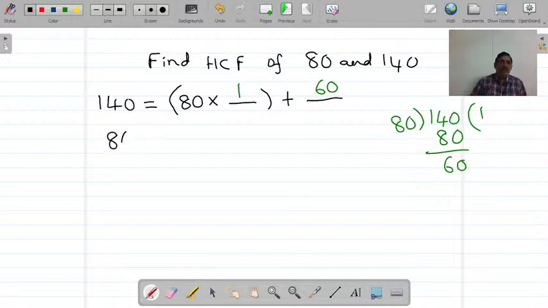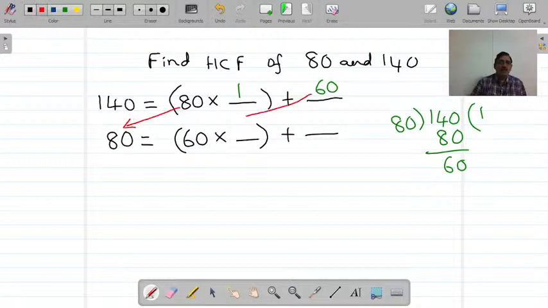So 80 is equal to 60 into dash plus dash. Here you can see that this value is coming here and this value is coming here for the next division. We continue like this till we get remainder 0. Come on. So again you have to divide 80 with 60.